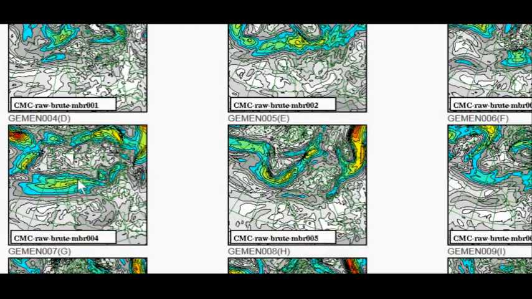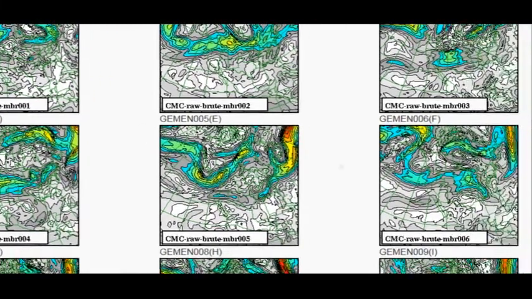And for example, we see on this ensemble here, a very strong jet stream across Nevada. This ensemble has a strong trough over the west coast. Very strong jet stream winds over Oregon.